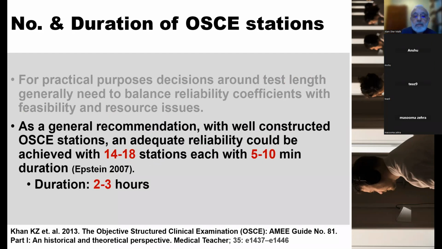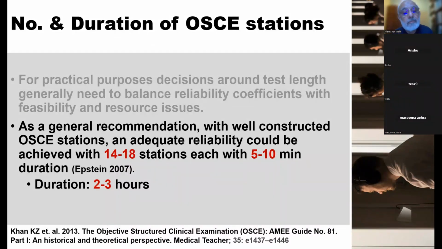It is generally recommended that 14 to 18 stations with 5 to 10 minute duration, with a total duration of 2.5 hours or between 2 and 3 hours, can provide adequate reliability. Any number less than 14 would compromise the reliability, and any number more than 18 would not really add to the reliability.